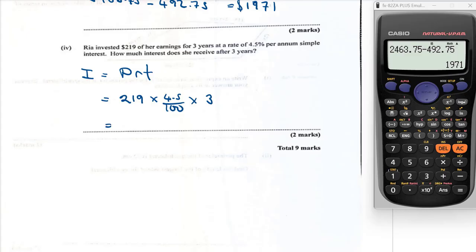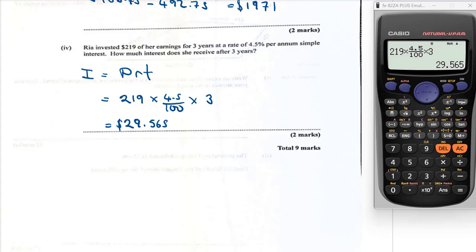So if I enter this in my calculator, 219 times 4.5 divided by 100 times 3. Change that to decimal, gives me $29.565.